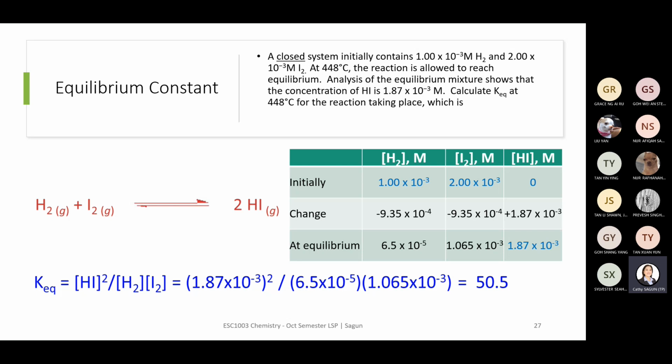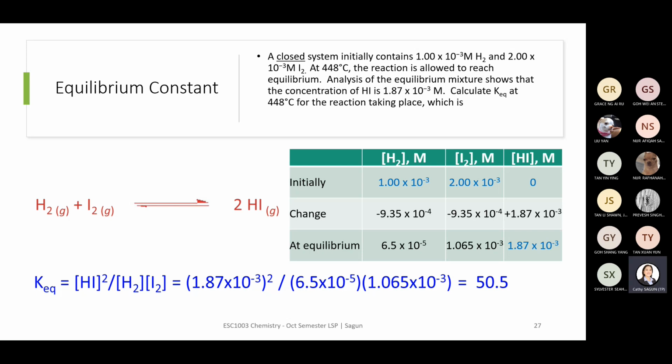So you have here a closed system initially containing 1 times 10 to the minus 3 molar of hydrogen, and then 2 times 10 to the minus 3 molar of iodine.